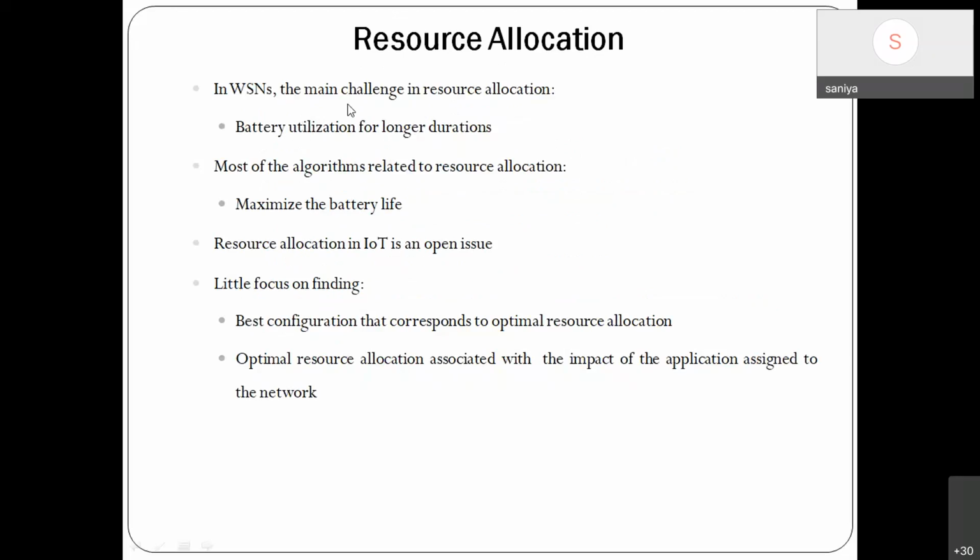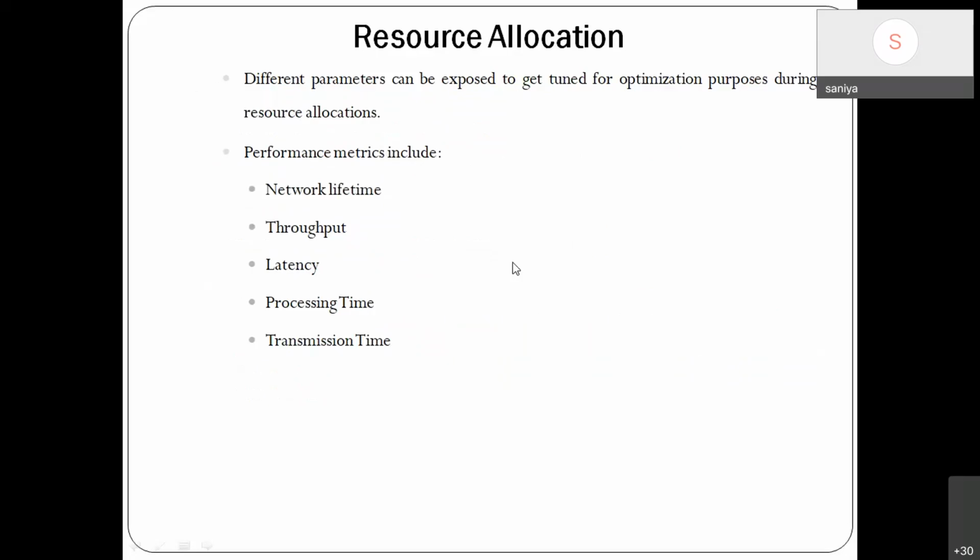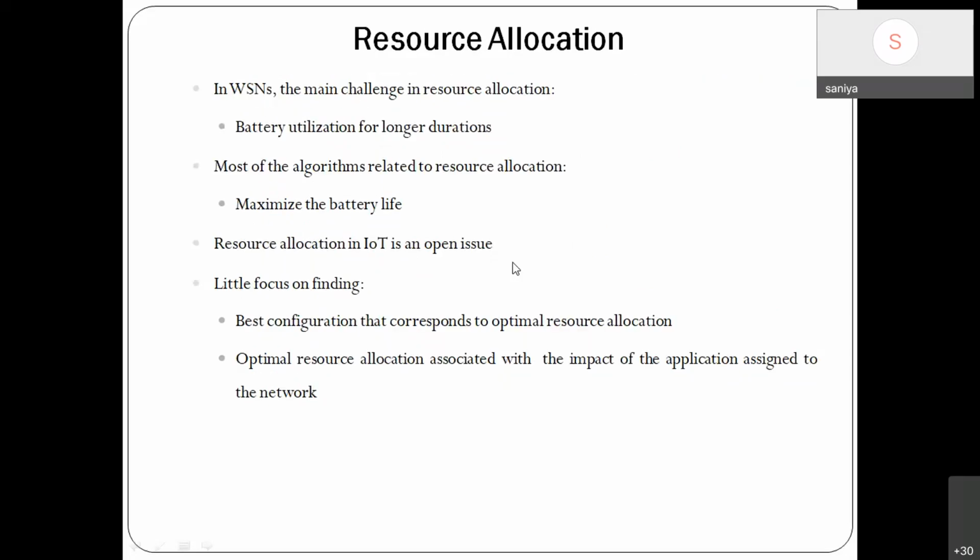In WSN, we have encountered papers. They have mainly focused on how we can have battery utilization for a longer time. Most of the algorithms related to resource allocation try to maximize the battery life. Resource allocation in IoT is an open issue. That means not much work is done in resource allocation in IoT.